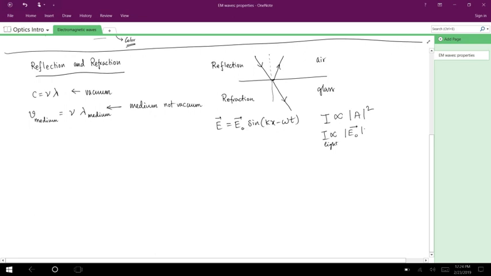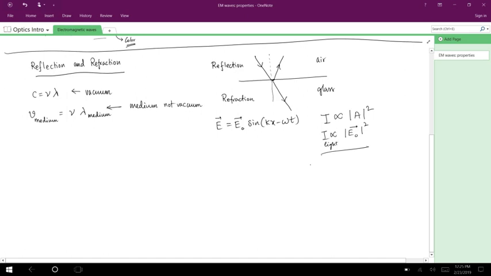Same way with the magnetic field, but electric and magnetic field are related to each other, so we're going to just talk about the electric field, and the proportionality will give us all relationships that we need just from the magnitude squared of the electric field, right? So remember, light intensity or any intensity is proportional to the amplitude squared. So we really need to know how the magnitude of the electric field squared is behaving to know what we are seeing, okay?